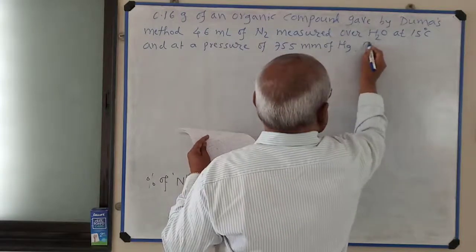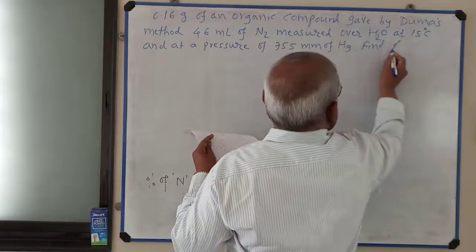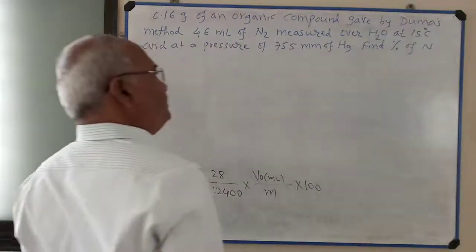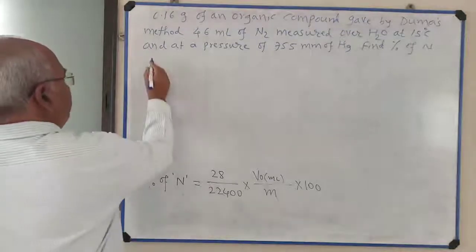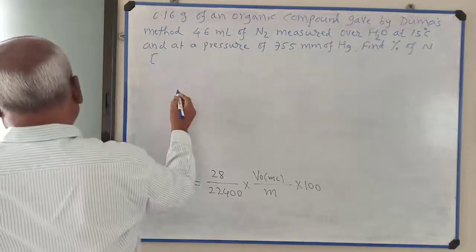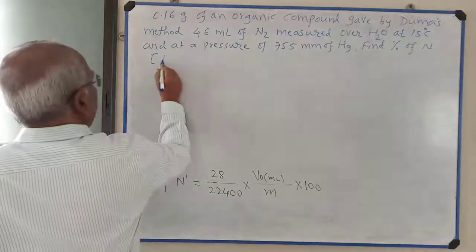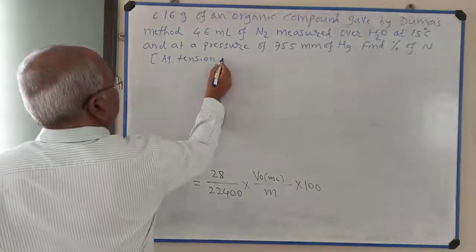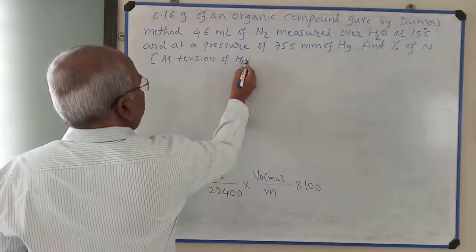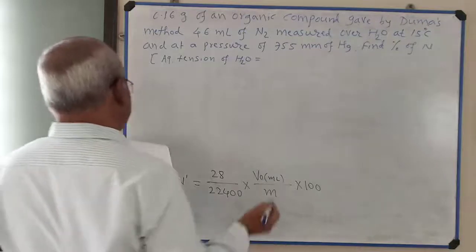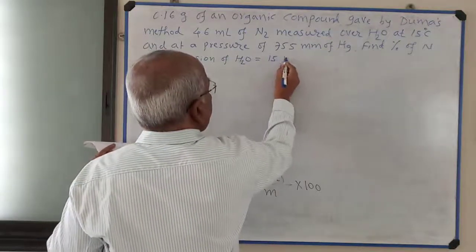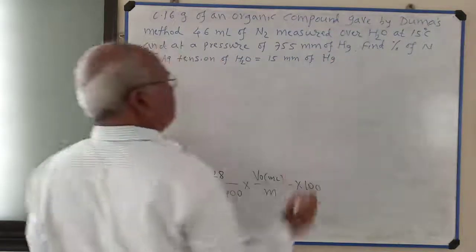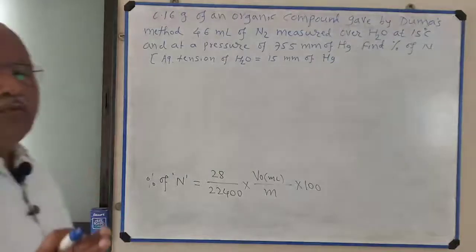Find percentage of nitrogen. Aqueous tension of H2O is equal to 15 mm of Hg. This is the problem.